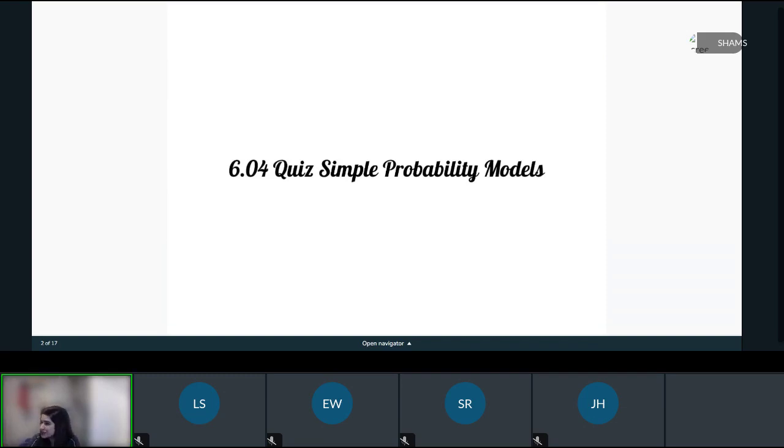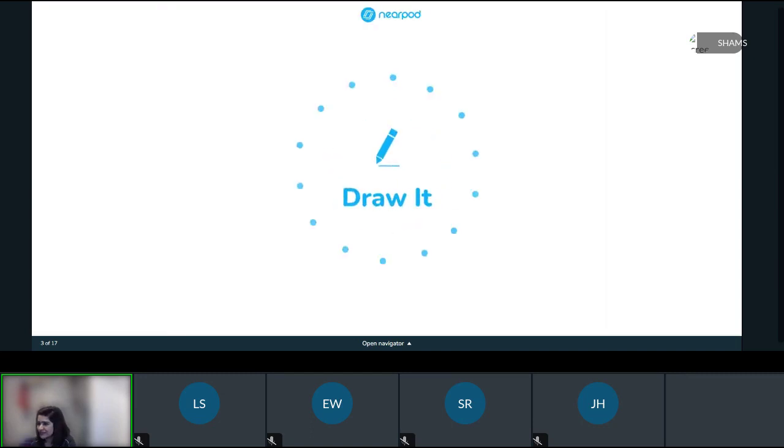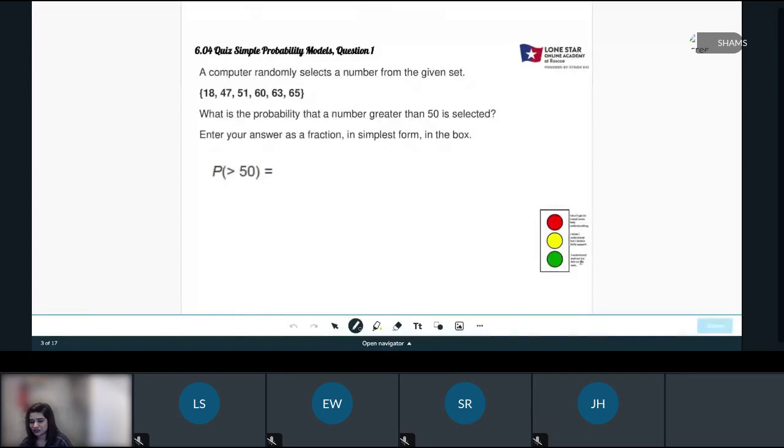In this session, I'm going to go over 6.0 quiz, simple probability models. Let's get started. Remember, as always, every quiz question will have 3 varieties, and I'm going to go over each of the 3 varieties. A computer randomly selects a number from a given set.